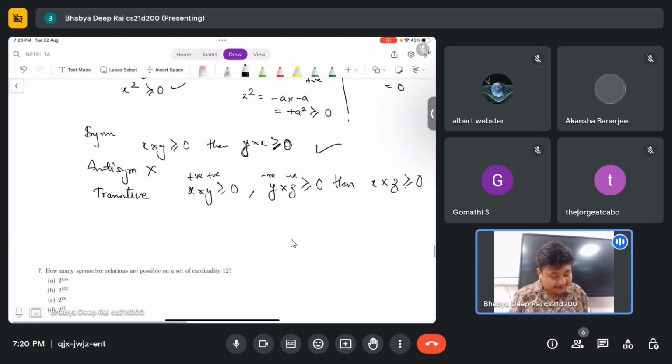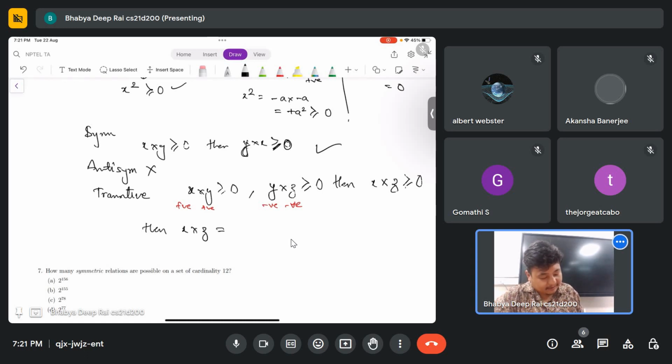So let's take the case when x is positive, y is positive, y is negative, z is negative: positive, negative, negative. Then x times z equals positive times negative, which is negative, which is less than 0. So yeah, the answer is that no, this is not transitive.